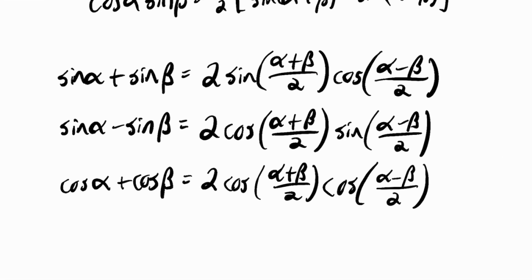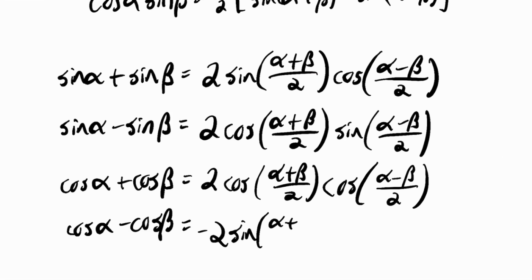And then the last one is cosine alpha minus cosine beta. So this is going to be a negative 2 sine of alpha plus beta over 2 times sine of alpha minus beta over 2.